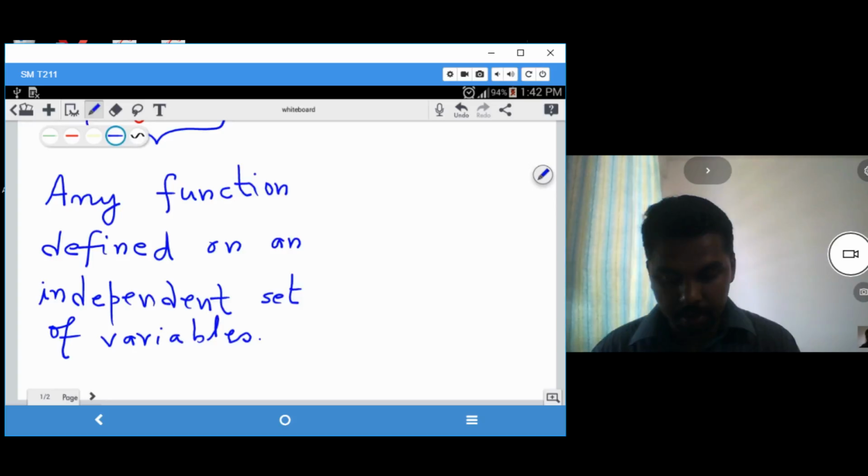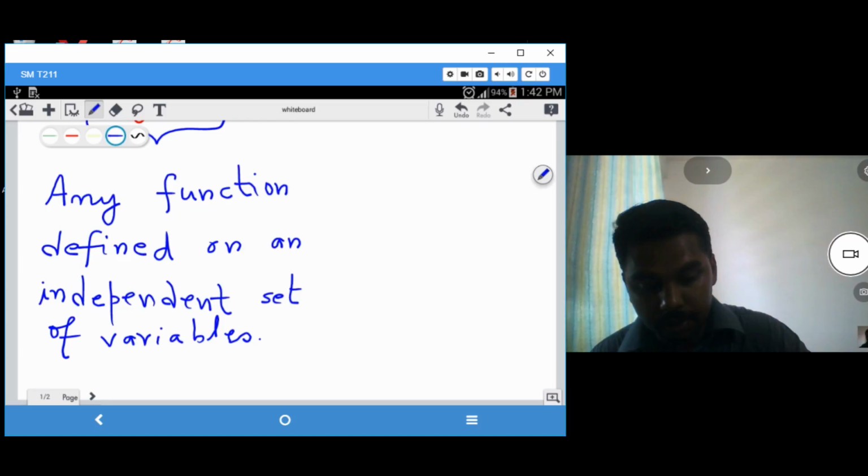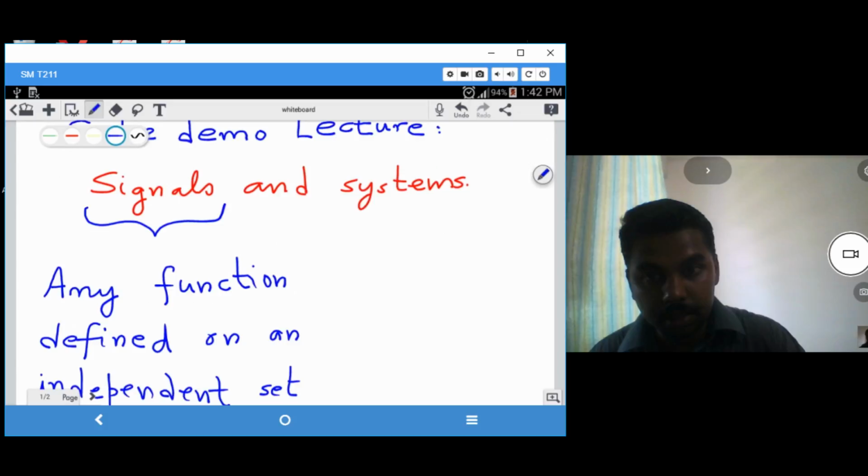Now let us see a few examples of a signal so that it is made clear.